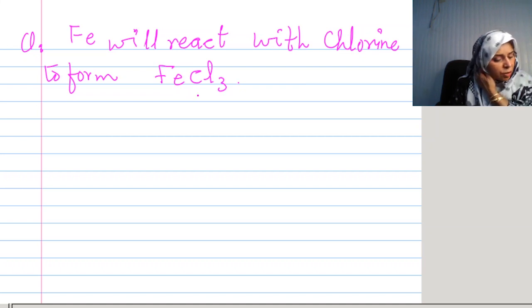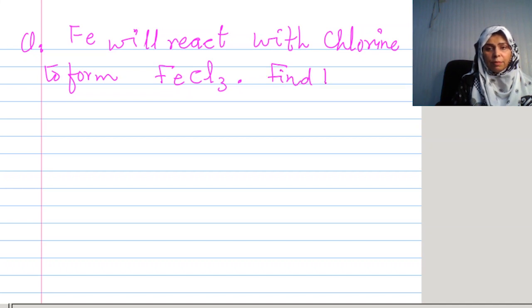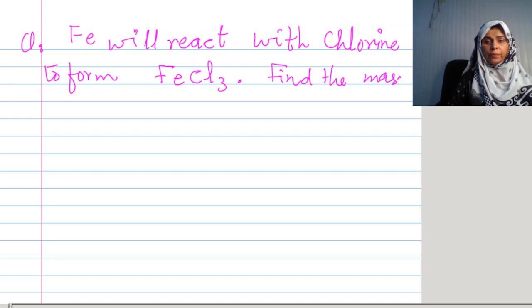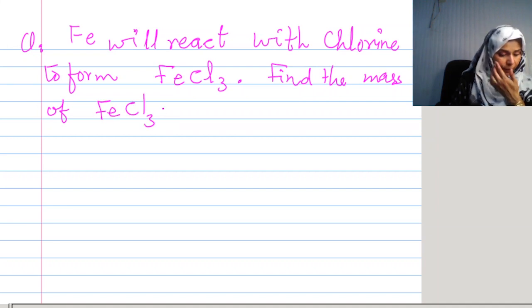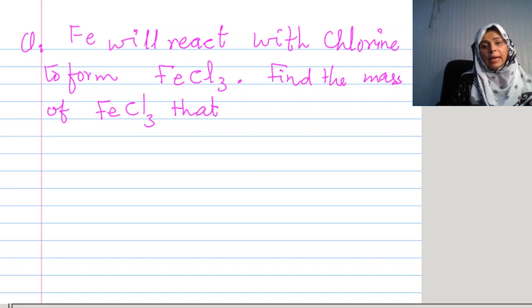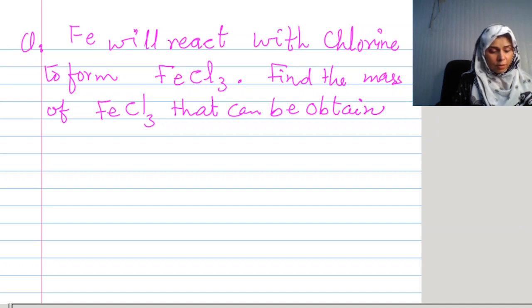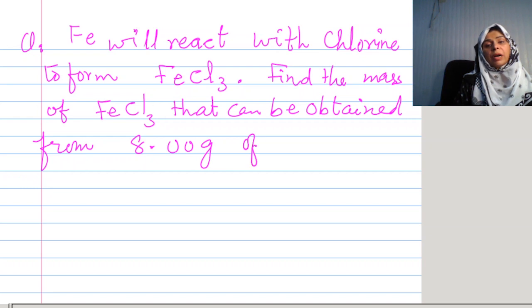Okay, find the mass of iron 3 chloride, that is FeCl3, that can be obtained from 8.00 gram of iron.